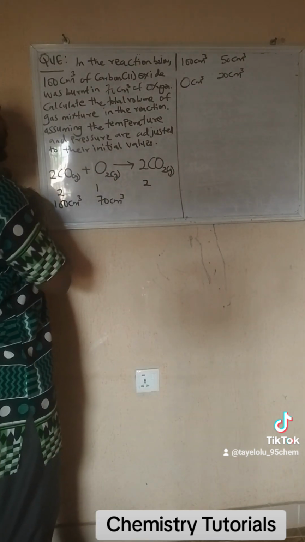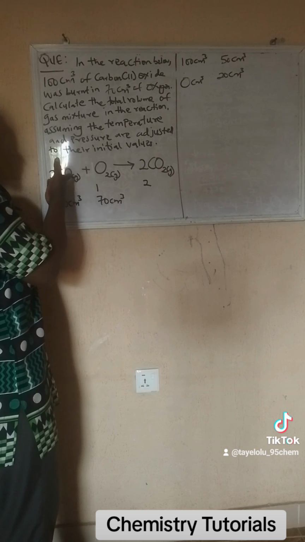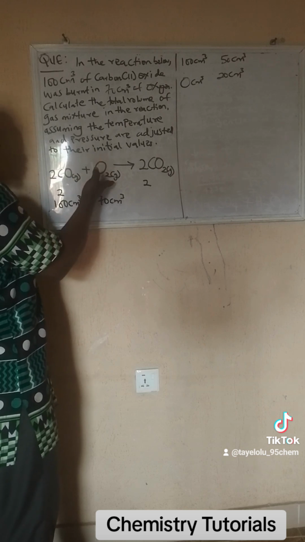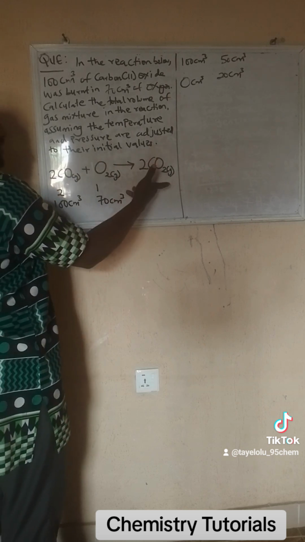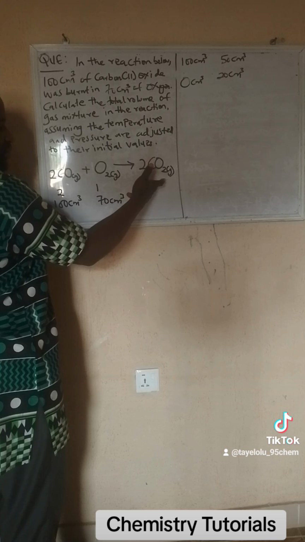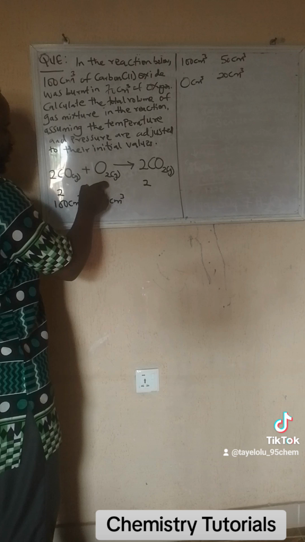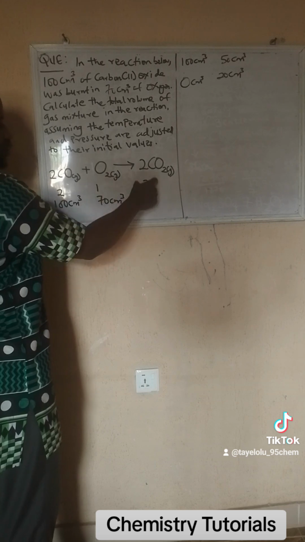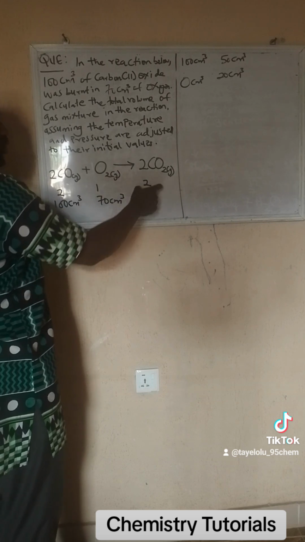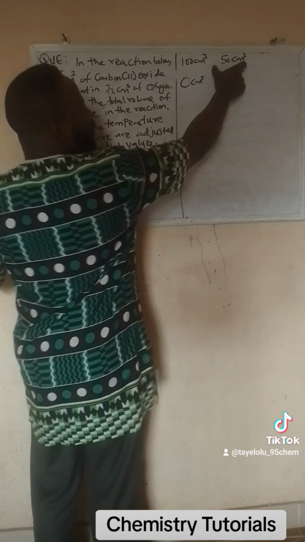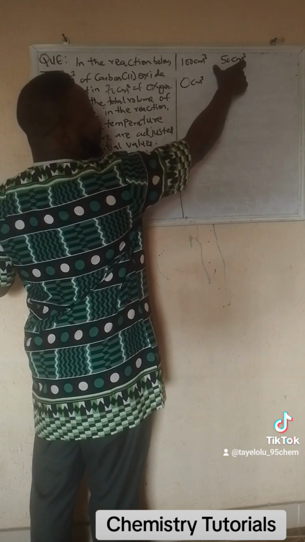Then what volume of the product will now be formed? Just pick any of the reactants, take their stoichiometry, and relate it with that of the product being formed. So for instance, if I'm picking oxygen, the ratio of oxygen to carbon(IV) oxide being formed is 1:2. And what volume of oxygen participates in the reaction? 50.